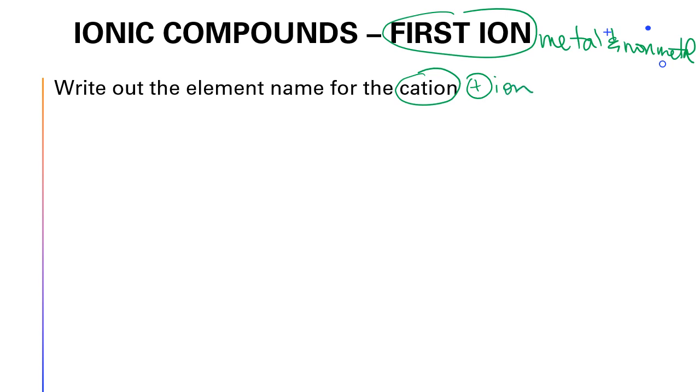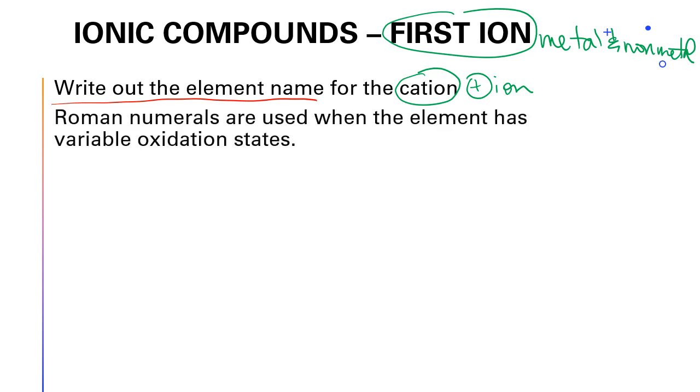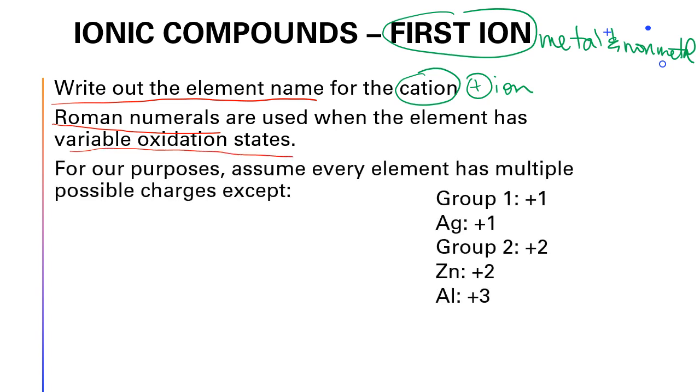So for the cation, the first ion, we're going to write out the element name. So if it's Cu, that's copper. Mg is magnesium. Na is sodium. But we're also going to add Roman numerals if the element has a variable oxidation state. And we're going to assume for our purposes that every element has multiple possible charges.